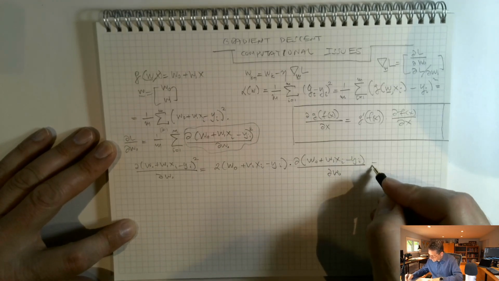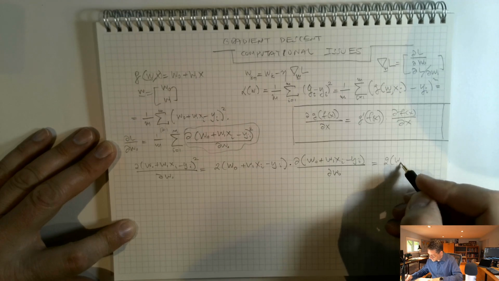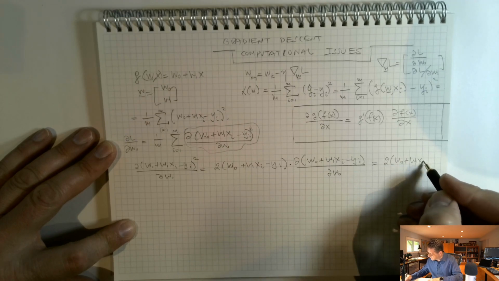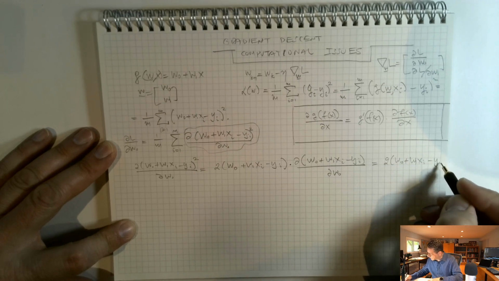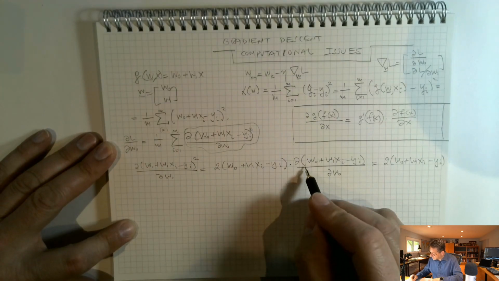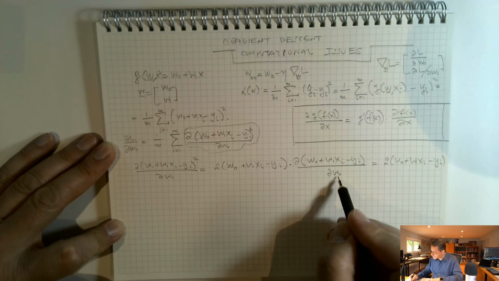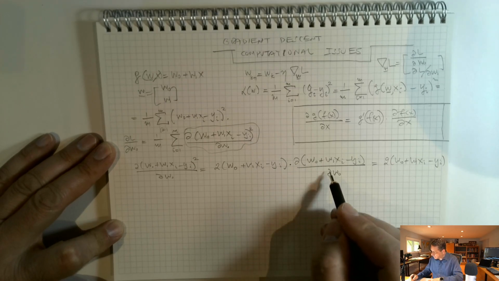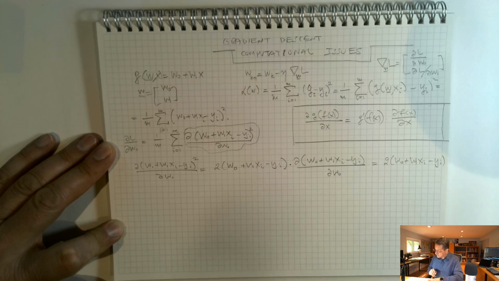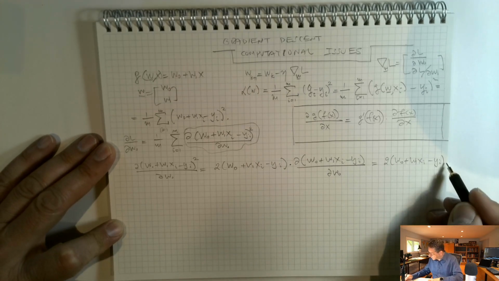And this is simply 2 times w0 plus w1 x i minus y i, because the partial derivative of w0 with respect to w0 is 1, and all the other terms are 0, and therefore we don't write the 1 over here.